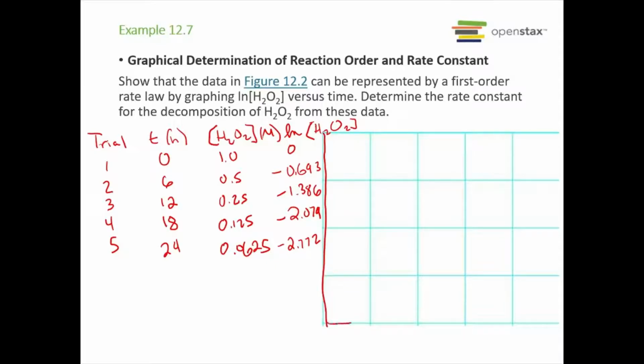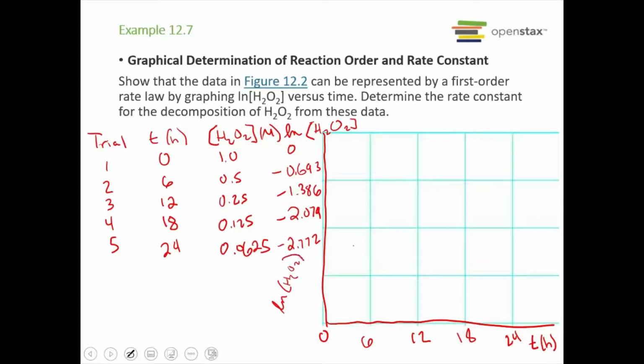So now I've got a little grid here. I'm going to draw my axes. Please don't come for me because I'm bad at drawing straight lines. Our time is going on the x-axis, and this is in hours. So here's 0 hours, 6, 12, 18, and 24 hours. And the y-axis is our natural log of H2O2. At the top up here is 0, and then negative 1.